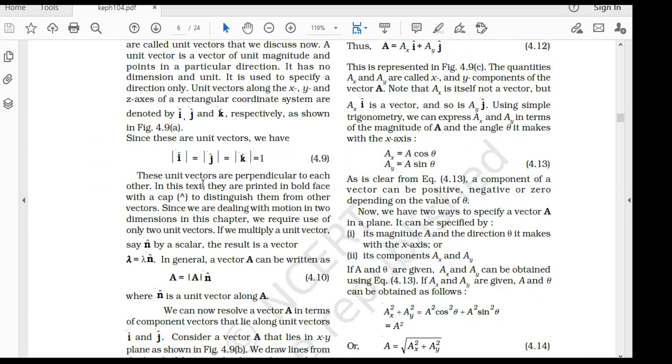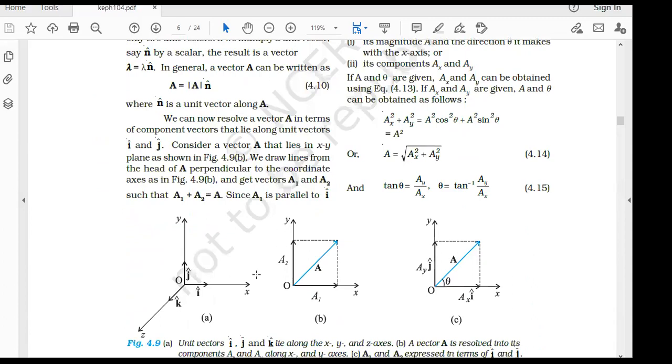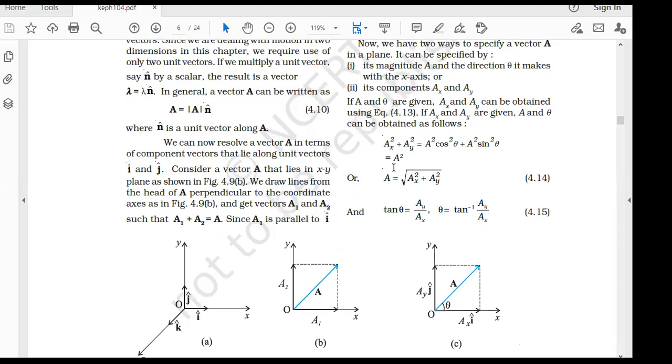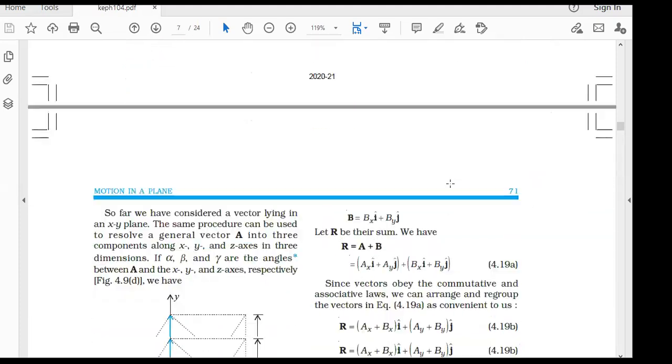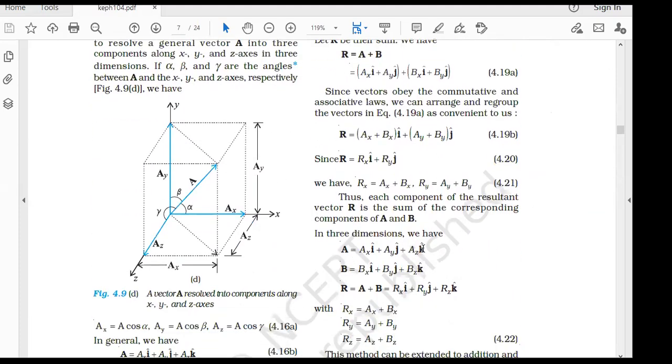We talked about ijk, right, the unit vectors in the x, y, and z direction. So go through it. I talked about Ax, I gave it as a number so that it's easy for you to understand. We talked about Ax square plus Ay square, Pythagoras theorem. We talked about how you can write this in terms of ijk.